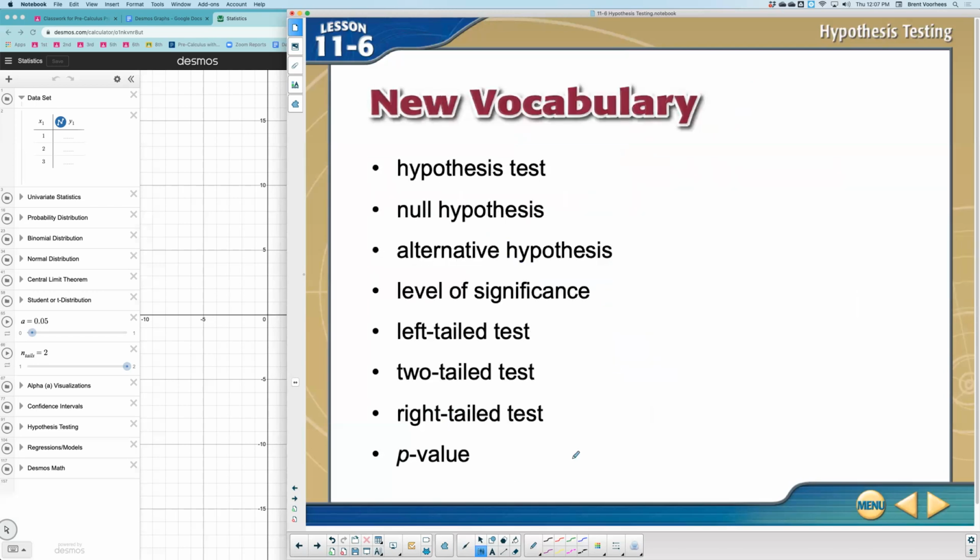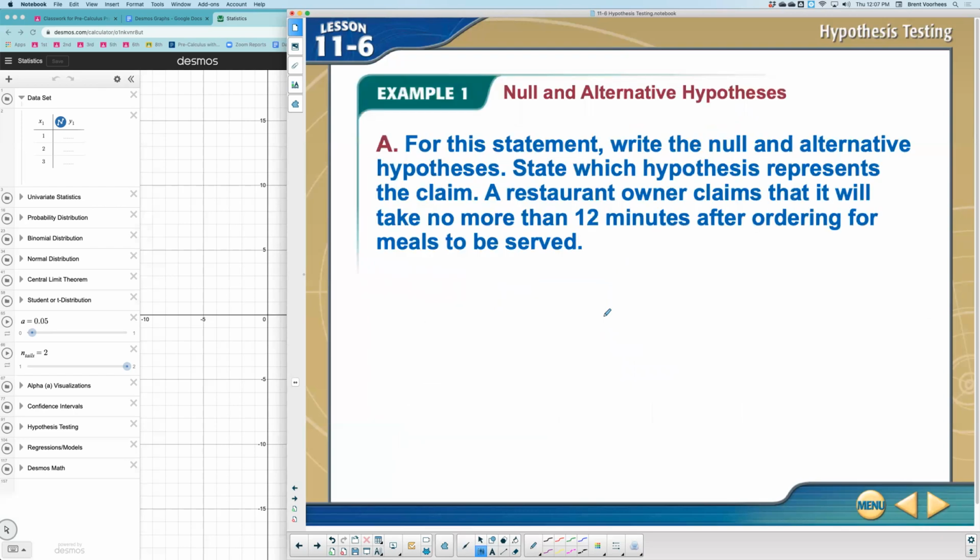Let's get started on number 1. It says, for this statement, write the null and alternative hypothesis, and state which hypothesis represents the claim. A restaurant owner claims that it will take no more than 12 minutes, so it could be equal to 12 or less than 12, after ordering for meals to be served. No more than means it can be equal to.